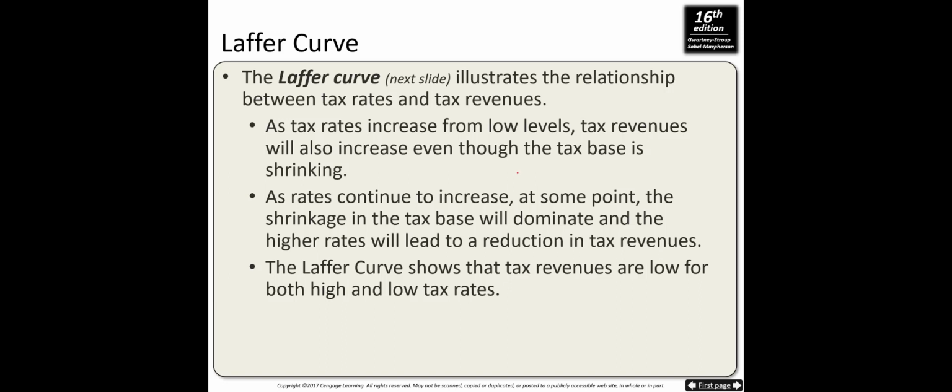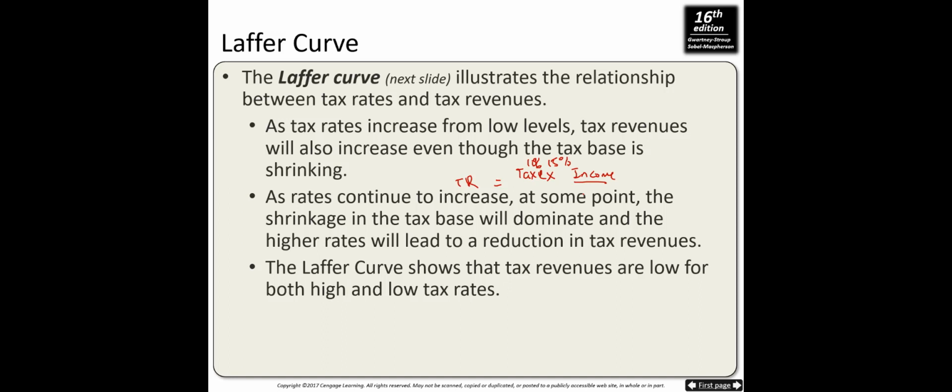Remember, what is tax revenue? Tax revenue is the tax rate, which is the percentage, times the tax base, let's say your income. So when this tax rate increases from 10%, let's say, to 15%, although some people give up working, we see an increase in tax revenue, the total tax collected from the tax base.